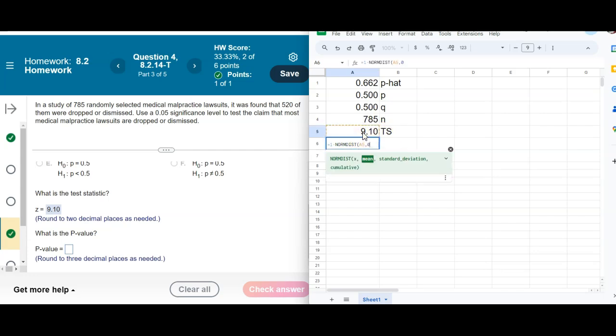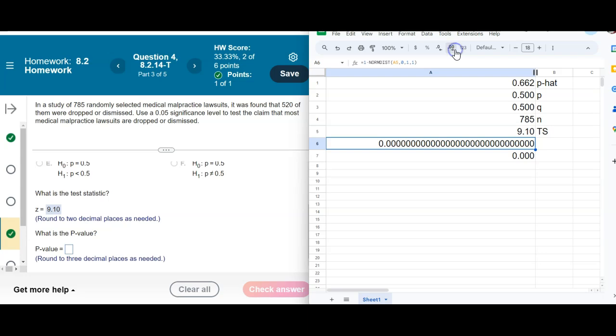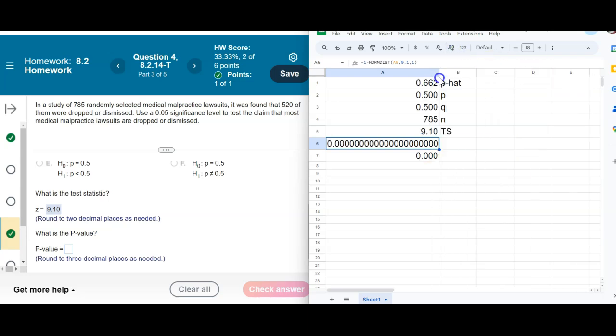The mean is 0 and the standard deviation is 1 because it's standard normal. 1 for cumulative, and we get 0 for our probability. If I added more decimal places, you can see that eventually there are some non-zero values, just way on down the line. That is a huge, huge test statistic. So for all intents and purposes, it is 0 here. To 3 decimal places, it definitely is 0.